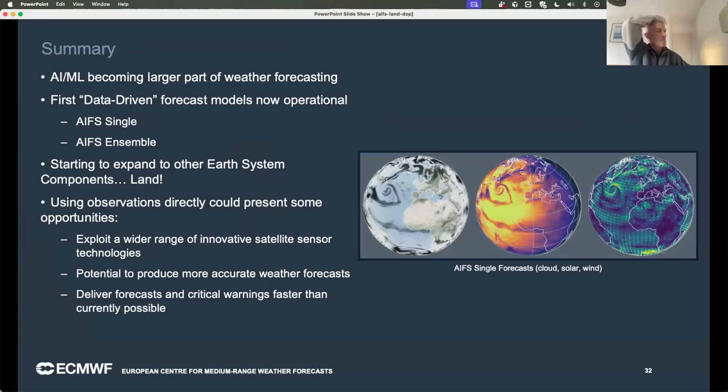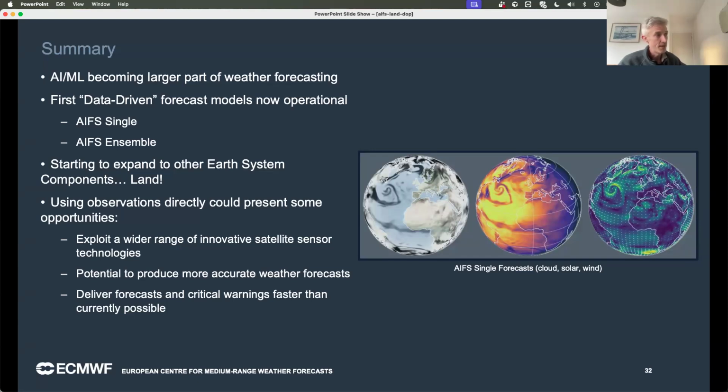So just to wrap up, we are definitely seeing an increasing emphasis on using machine learning at ECMWF for weather forecasting, and I think that will now be the case going into the future for sure.